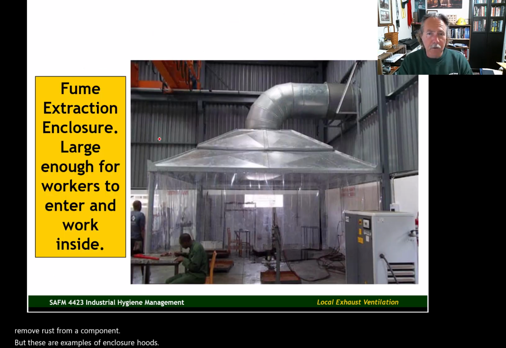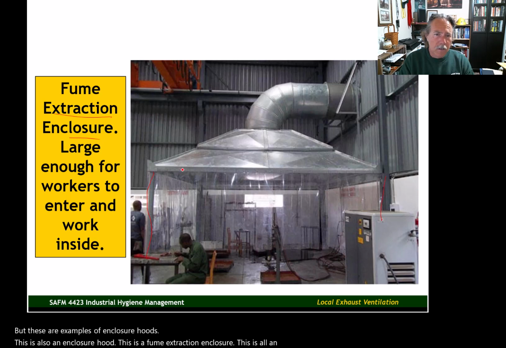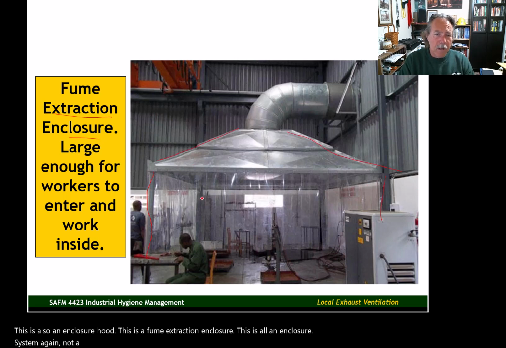This is also an enclosure hood. This is a fume extraction enclosure. This is all an enclosure system. Again, not a cabinet, but everything that I'm outlining there, and you can see it goes all the way back.